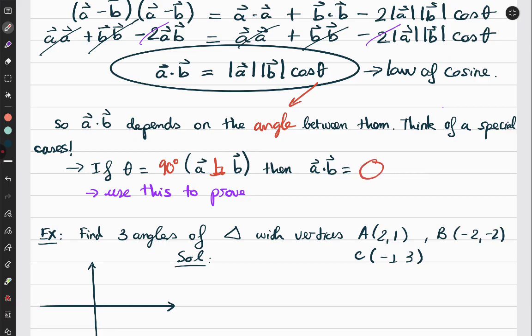So in other words, if the dot product between two vectors equals 0, you can make a conclusion backward: they are perpendicular to each other. So this property right here is used to prove perpendicularity.